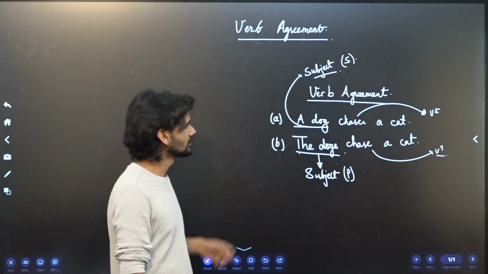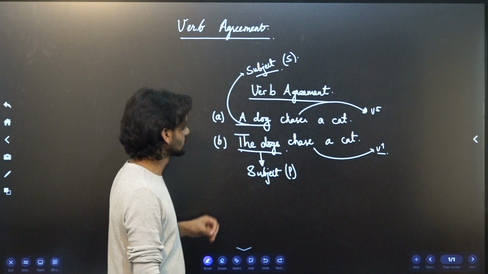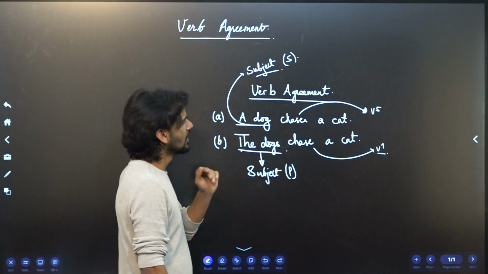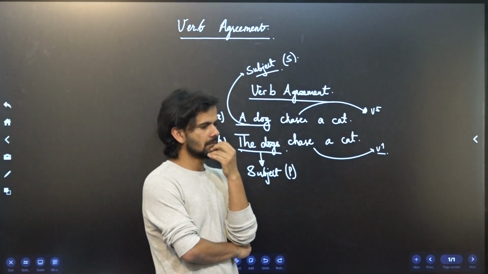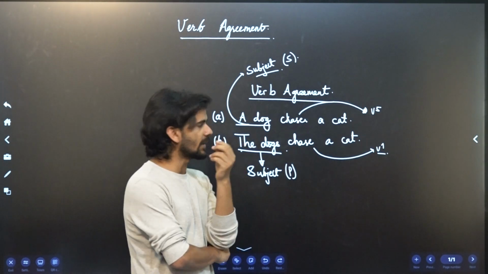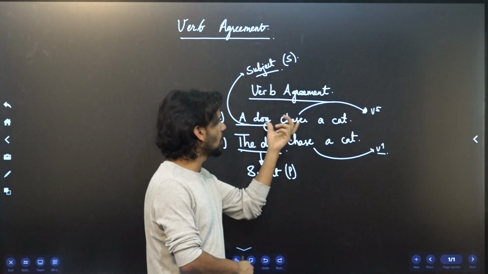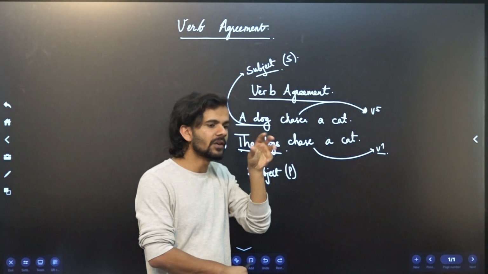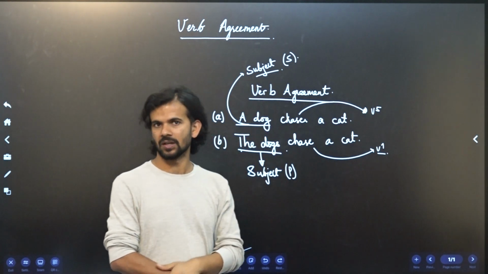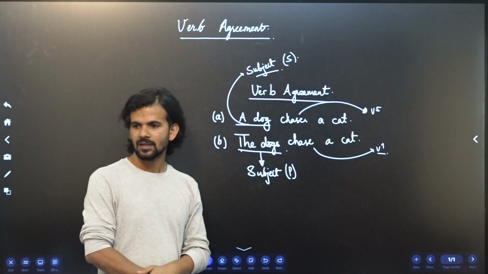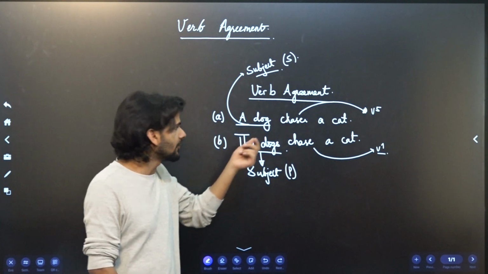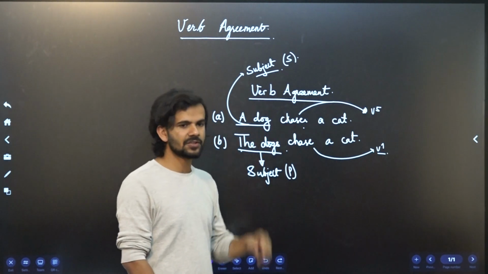And if the subject is plural, we use verb 1. Sometimes we say this one, chases, the form of the verb is of the singular form. Sometimes, the form of the verb here is singular.